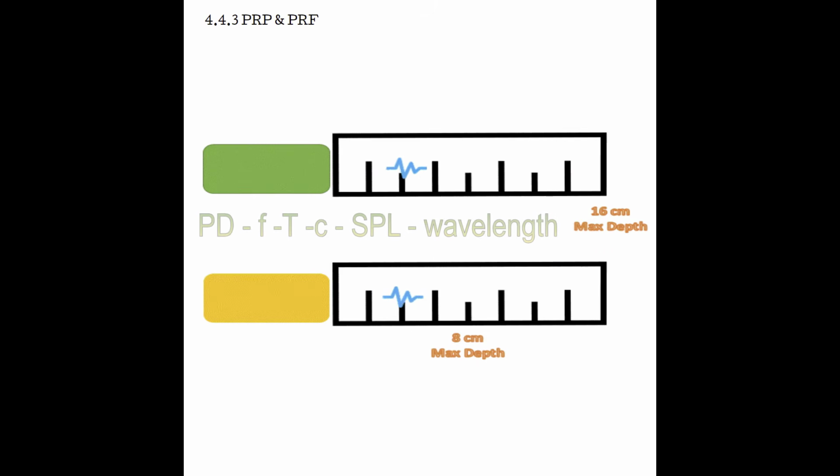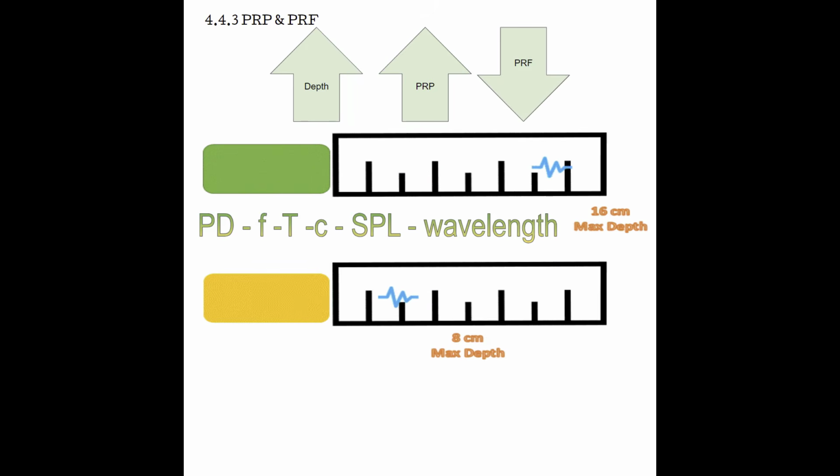That means that the pulse duration, the frequency, the period, the propagation speed, the SPL, the wavelength, all of that is the same because these are the same transducers. The only thing that's different between them is that one is imaging to 16 centimeters, the other is imaging to 8. So the green transducer has to image to a deeper maximum depth. Increase in depth, we're going to see an increase in PRP and a decrease in PRF.